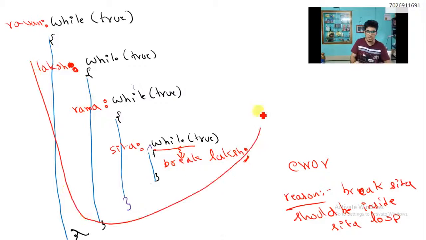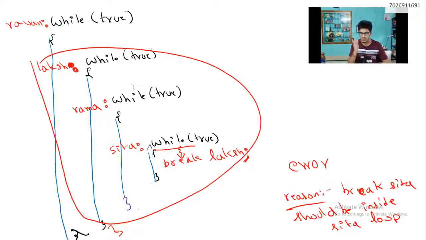Control will come out of that Laksh loop. I hope this is clear. If it is continue Laksh, control will go and check the condition of the while loop of Laksh. So this is the main important point in labels. I hope everything is clear.